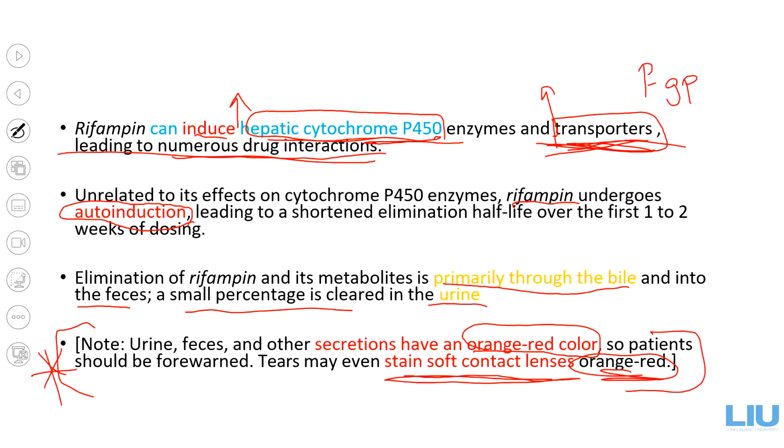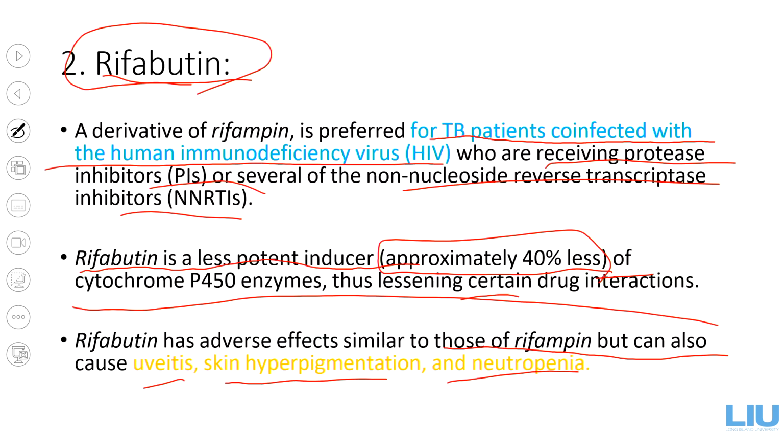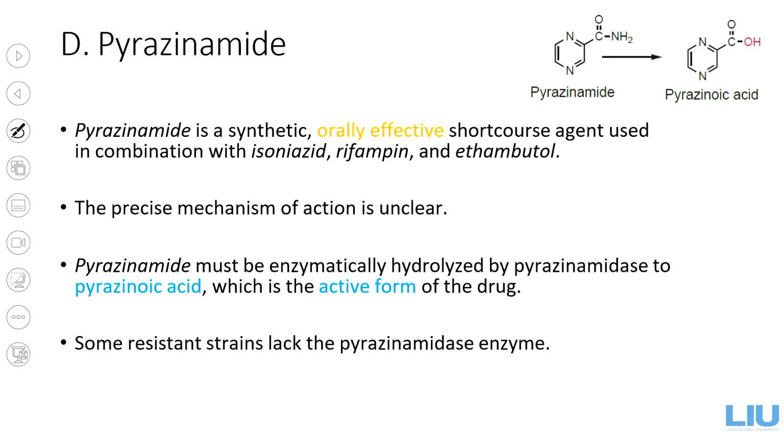Okay. Now the third drug, all right, so far we covered 2 out of 4 in the first line of therapy. The third one is pyrazinamide, okay? So it's also orally effective, which is nice, okay? It's of course used in combination of these 3 for the 4-drug therapy. Mechanism is not clear, so now you have a drug where you don't have to memorize its mechanism of action because it's unclear, right?